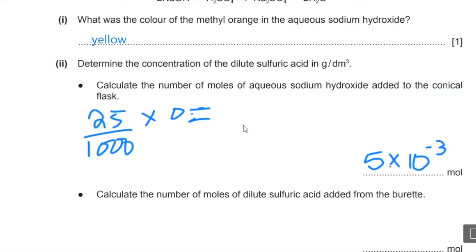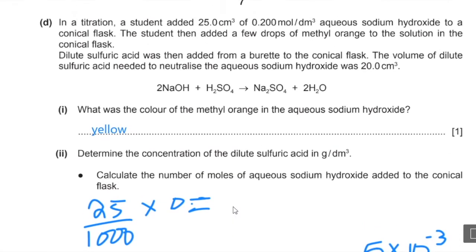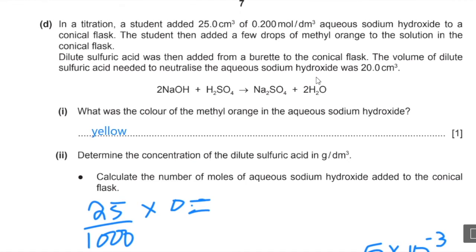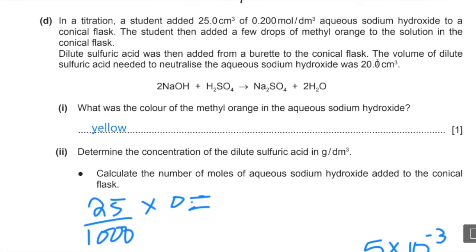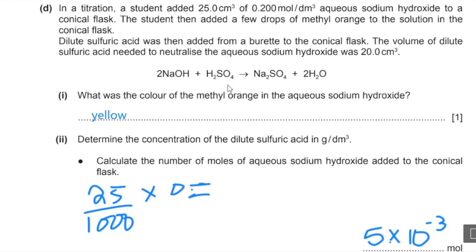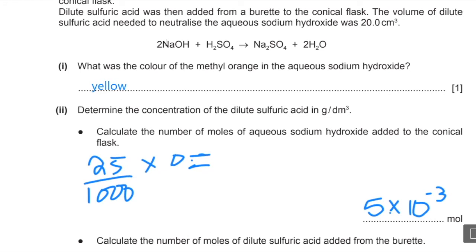To calculate the number of moles of dilute sulfuric acid added from the burette. Alright, so you're only given the volume of sulfuric acid, which is not enough to find the moles of sulfuric acid, and so you can use the equation and the number of moles of sodium hydroxide.